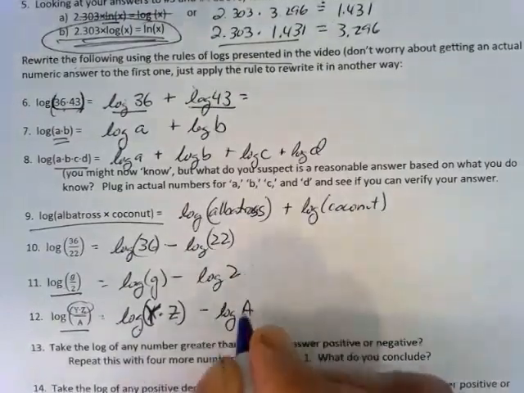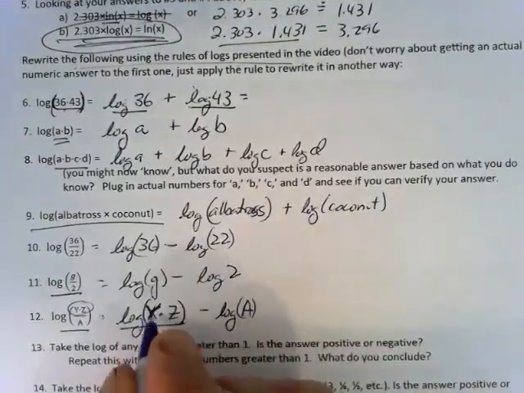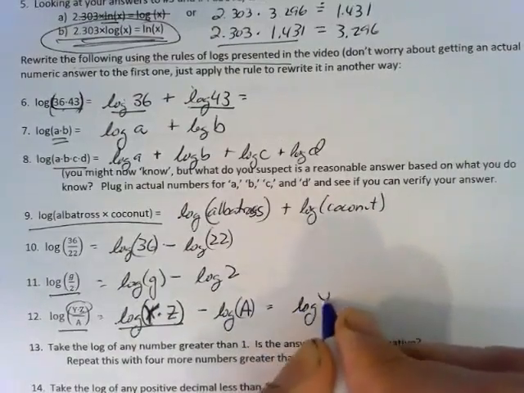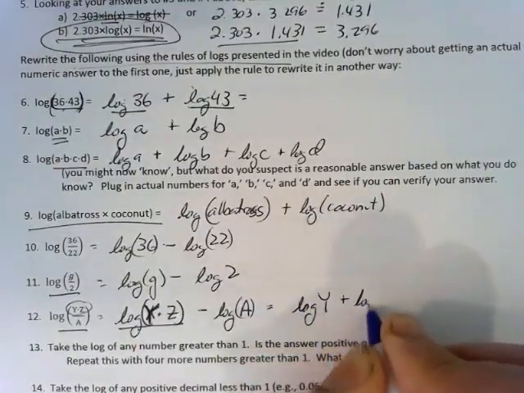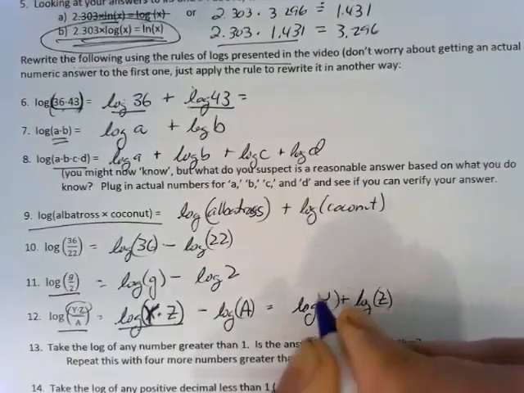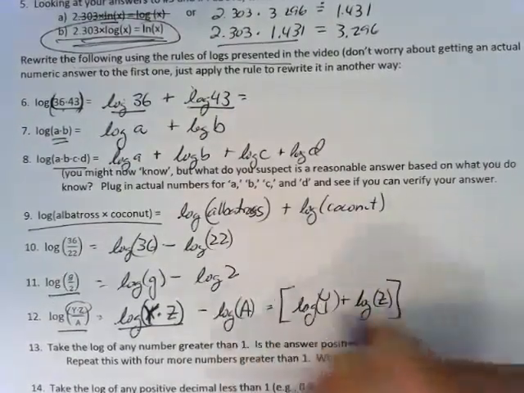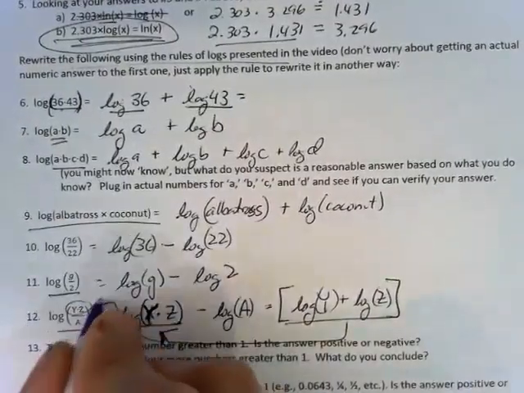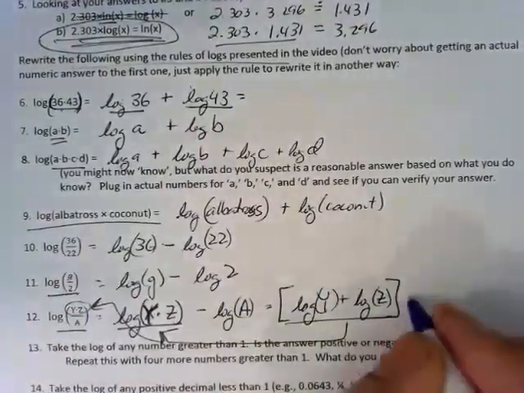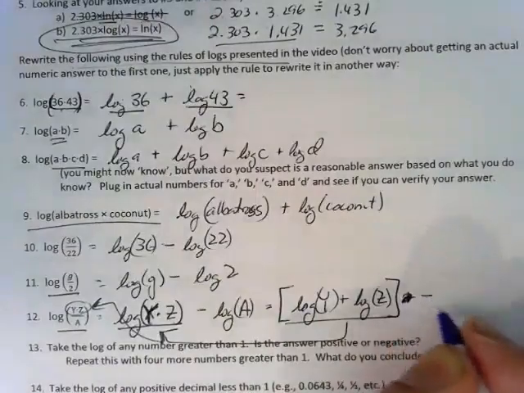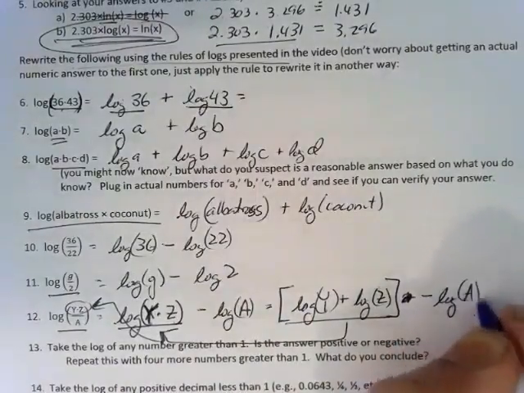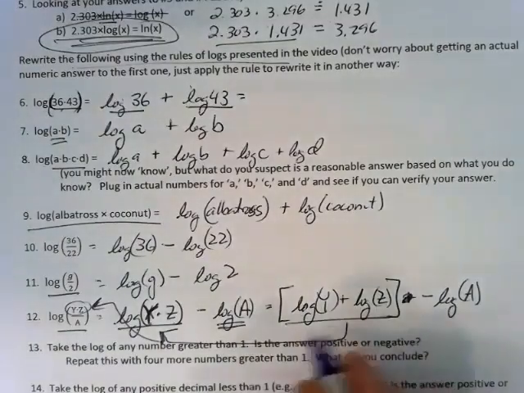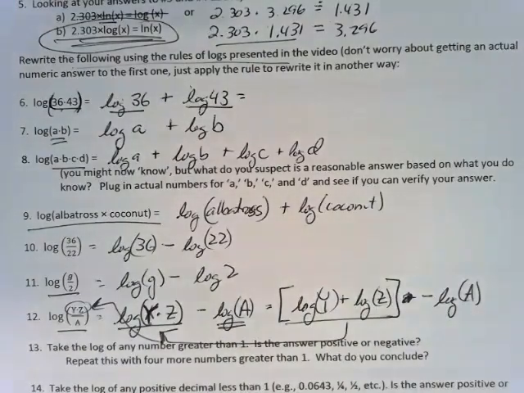But now we can also rewrite the log of y times z as the log of y plus the log of z. And that would be that whole quantity, because that is what's coming from the numerator, minus the log of a that we still had over there.